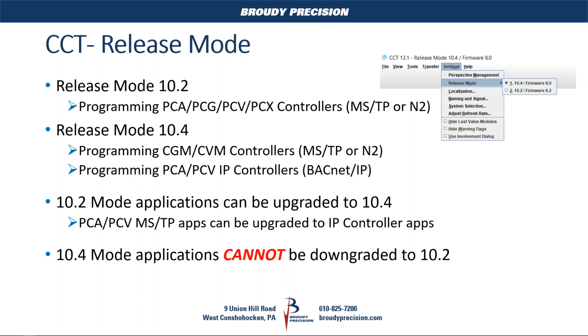However, if you started a 10.4 application and had it all built out, then you realize you don't want to use the F4 or the IP-based controllers, you wanted to use the 10.2 type, you can't downgrade from a 10.4 application to a 10.2. So basically, you have to start over or use the new style MSTP, the F4s, or the IP controllers. I just want to make note of that so that you understand that you can go from 10.2 to 10.4, but not from 10.4 to 10.2.